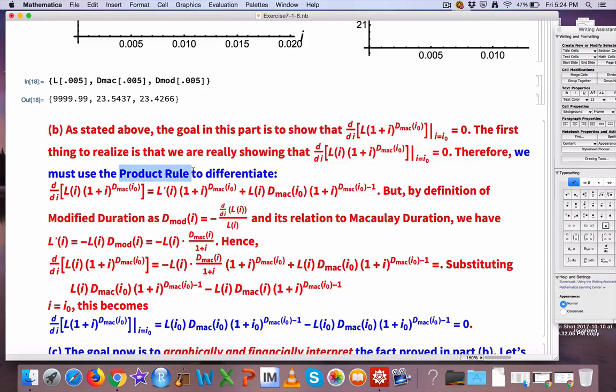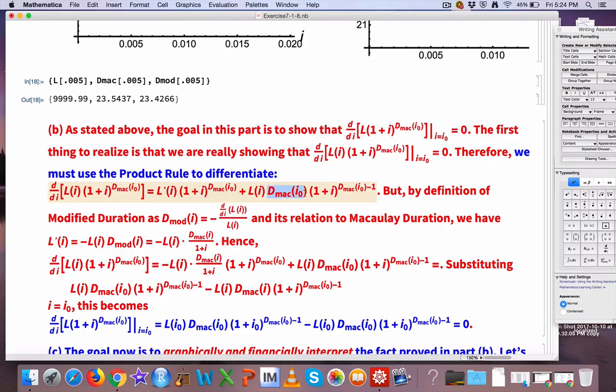And again, this follows a derivation that's in the book. So we have the derivative of the first function, L prime of i, times the second function, plus the first function times the derivative of the second. But again, the power is constant because we have an i0 there. This variable is right here. We need the power rule.